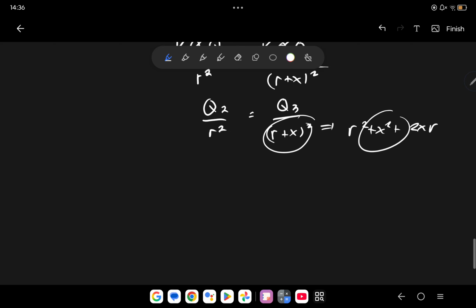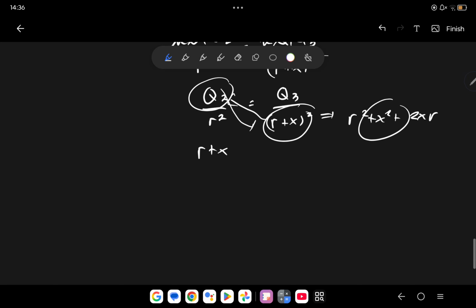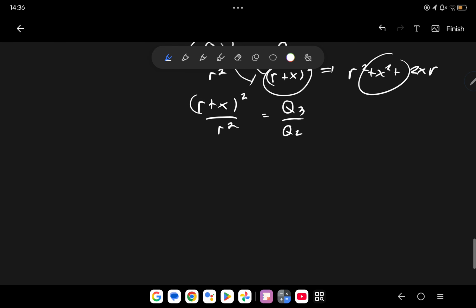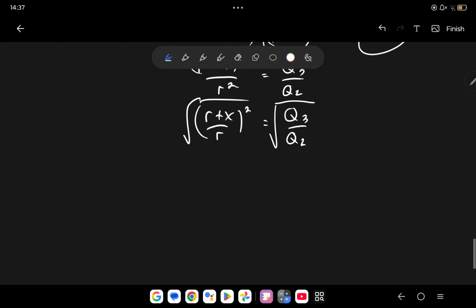So we'll move this here and this down, and we get r plus x squared over r squared is equal to q3 over q2. By properties of exponents, we can rewrite this as r plus x over r, squared, is equal to q3 over q2. Now we can root both sides and we get r plus x over r is equal to the square root of q3 over q2.